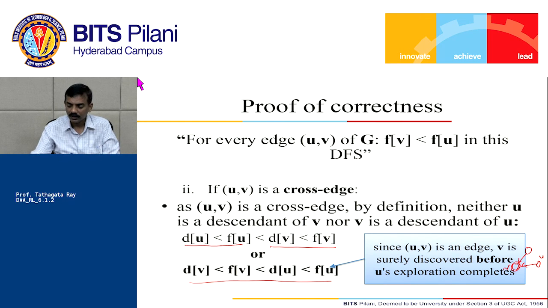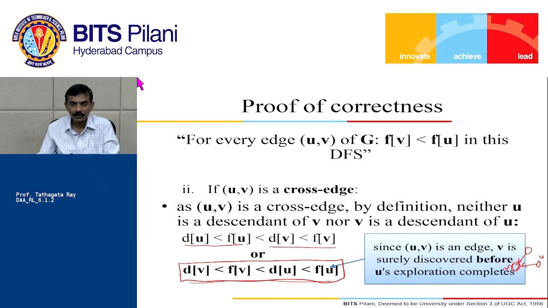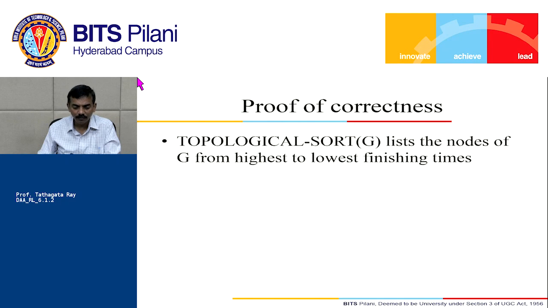In that case v must have been discovered first, so this relation must have been true, which means that fv must be less than fu. That's what we wanted to prove, so we have shown that, which proves our claim.